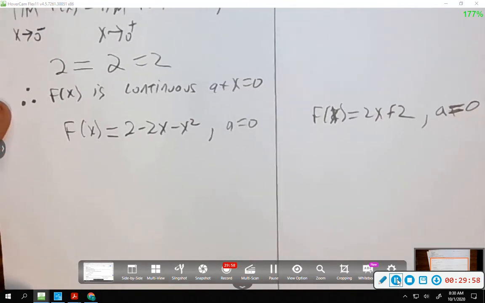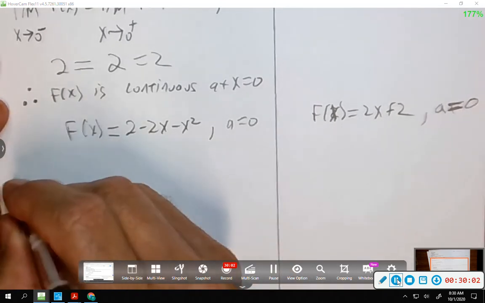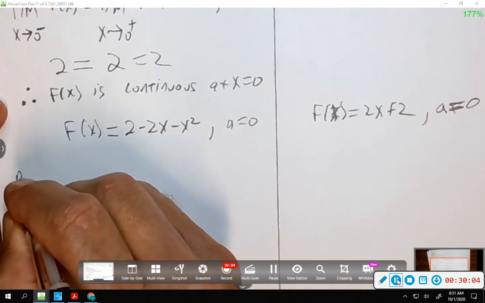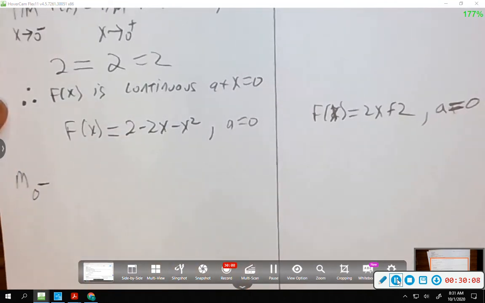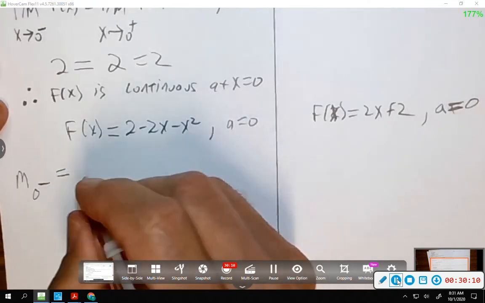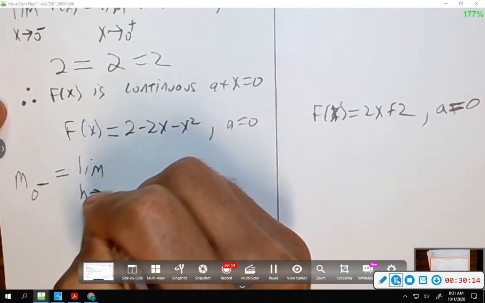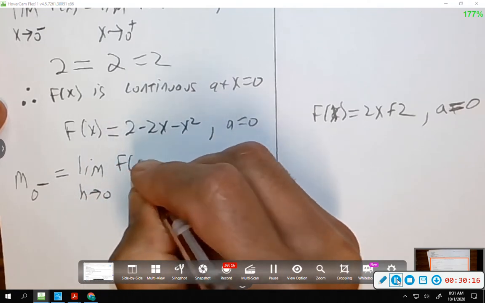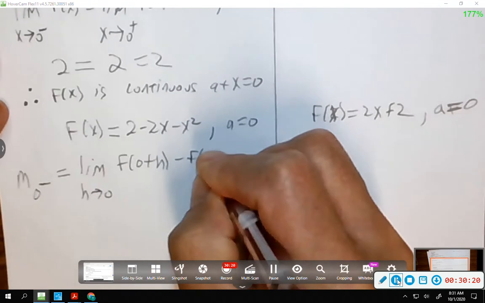Okay, so that's going to be my a value. So let's start with this one. It's more complex. And here's how you're going to indicate it. The slope at 0 from the left of this function equals the limit as h approaches 0 of f of 0 plus h minus f at 0 all over h.